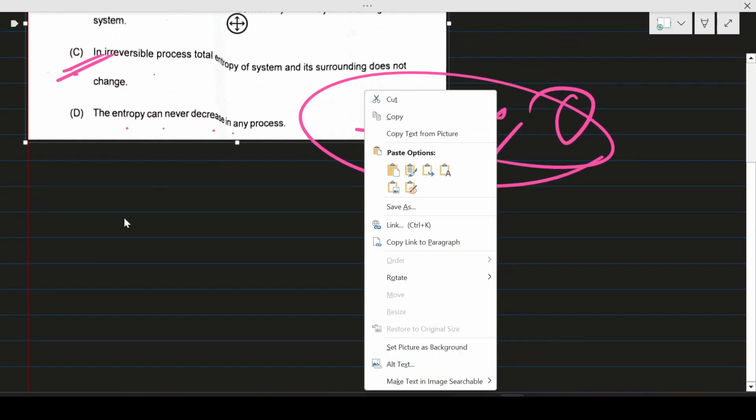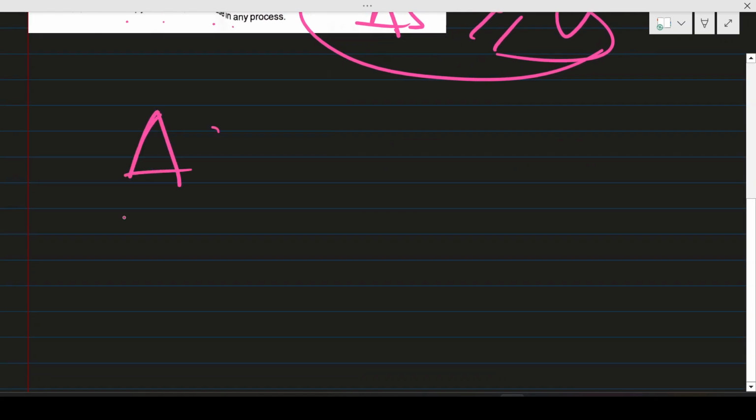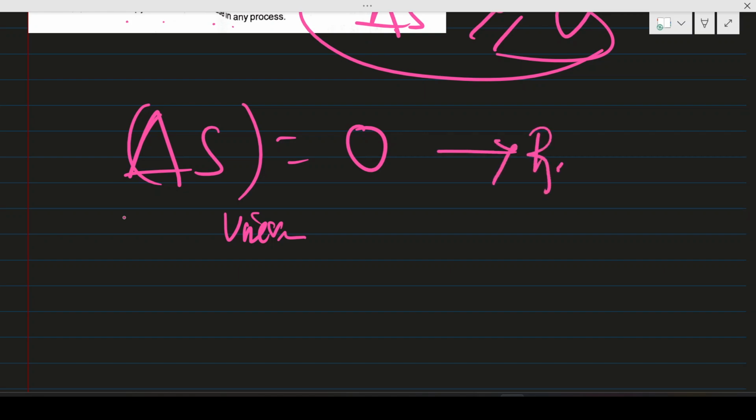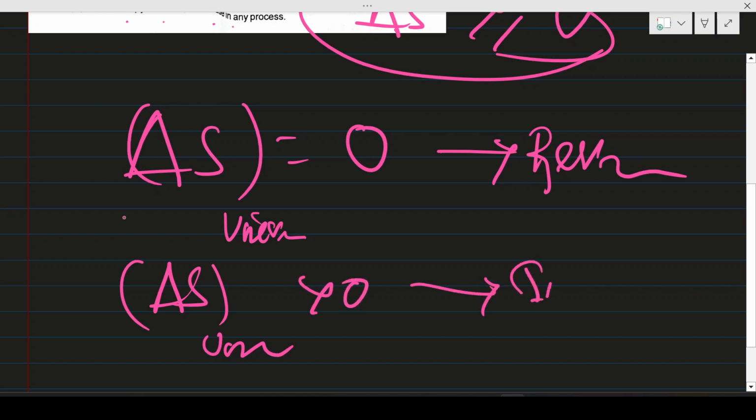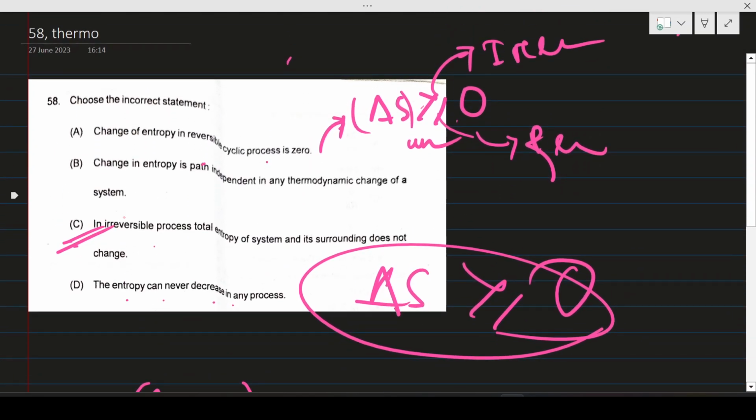Now the change of entropy del S is 0 for what? For the total universe. It is 0 for a reversible process, and del S for the universe is greater than 0 for an irreversible process. So in the first option, the change of entropy in a reversible process is 0. This is right. Next, it is asked about the incorrect statement, so don't choose the correct statement.